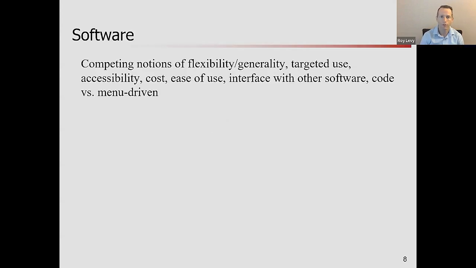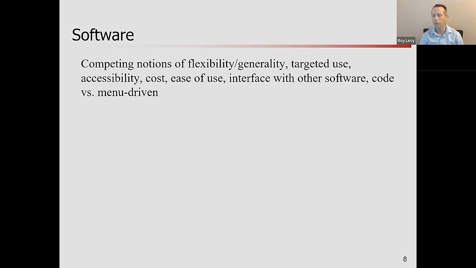On the use or choice of software for our time together, there are competing notions here. There are different software applications we could use. They can have various trade-offs. Some software is appealing because it's more flexible or more general, and it can handle lots of different things.